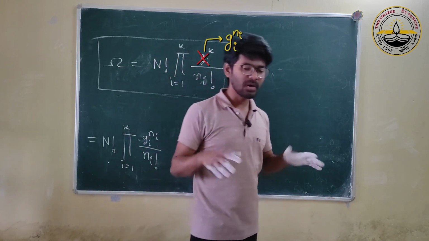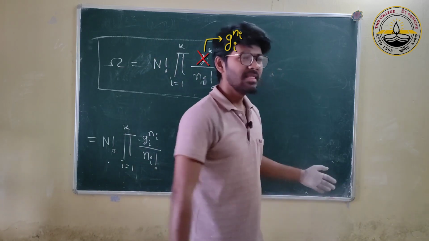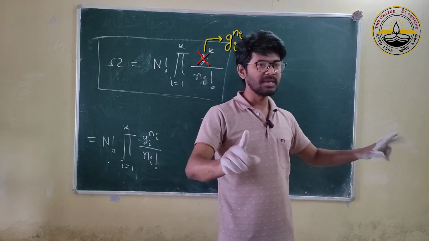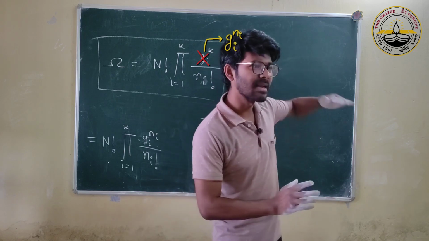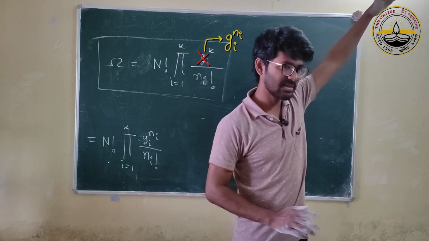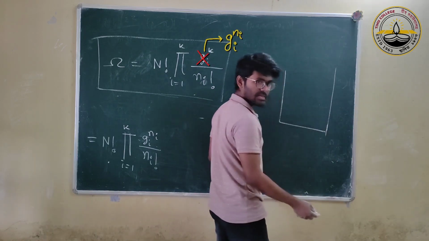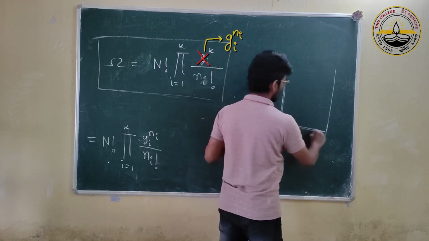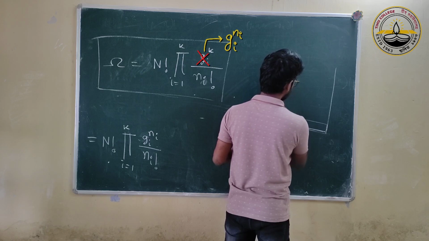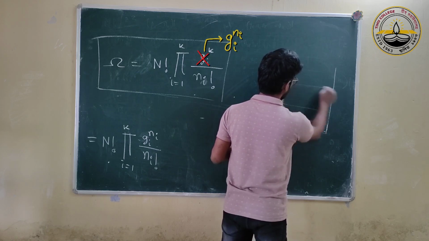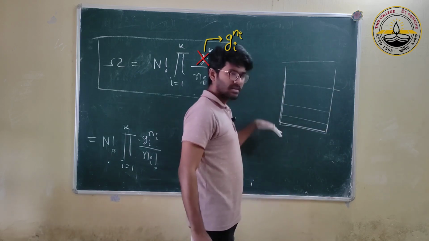So in a system, if it is a quantum system, it's easy to understand. A quantum system always has some levels, right? Energy levels. Particle in a box, for example, has levels of energy like this.